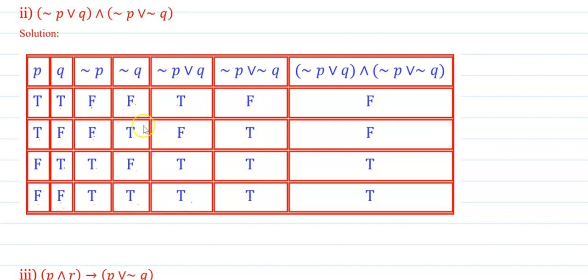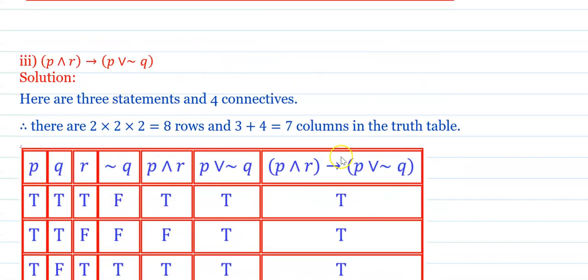F or F is F, F or T is T, T or F is T, T or T is again T. Now next we'll find out the and between column number 5 and 6. T and F is F, F and T is F, T and T is T, T and T is T, and in this way we get the last column. Okay. Now the next question.